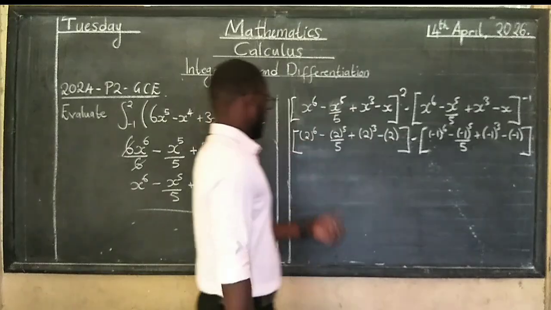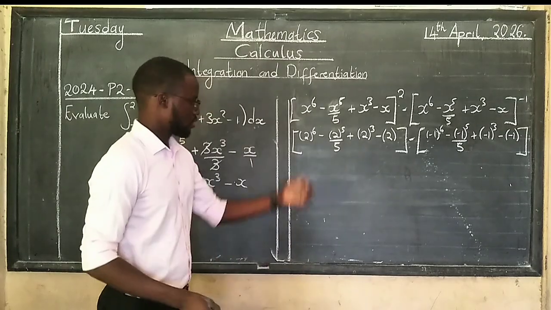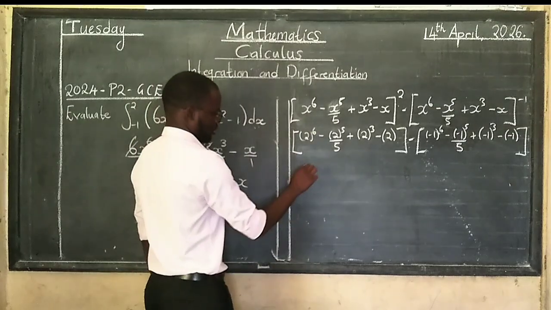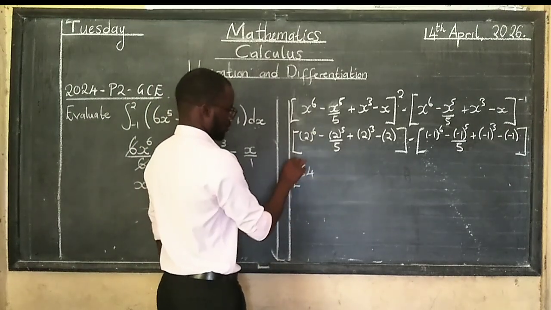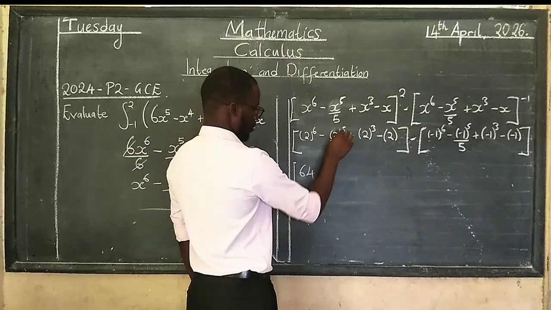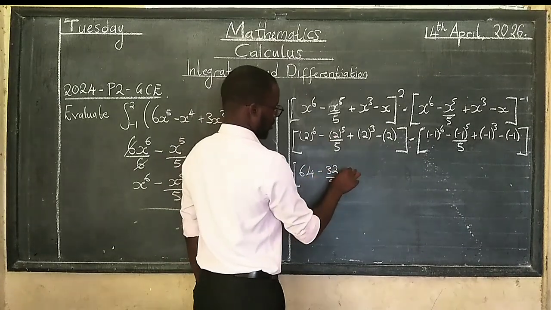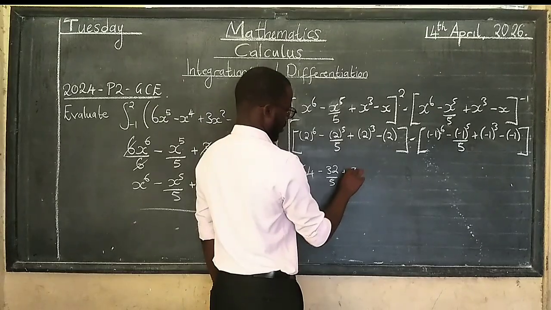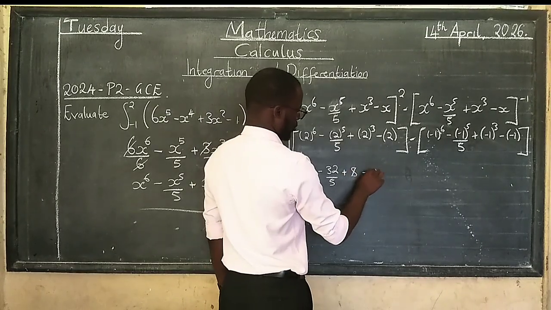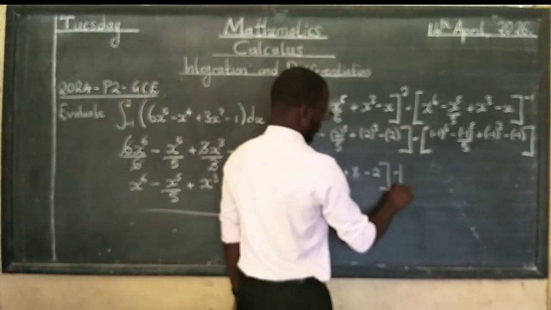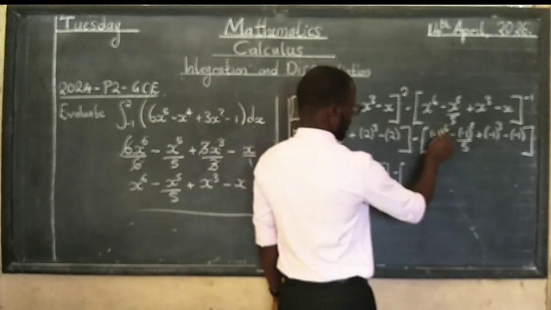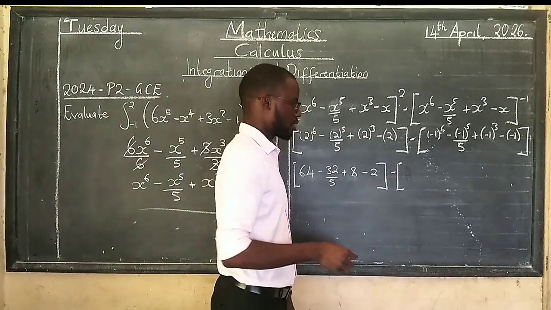So here, 2 to the power 6, 64. Then 2 to the power 5, 32 over 5. 2 to the power 3, 8 minus 2. Then this part, negative 1 to the power 6.